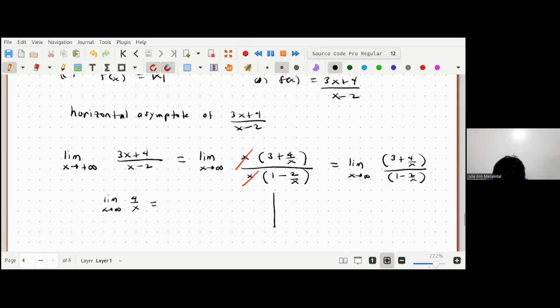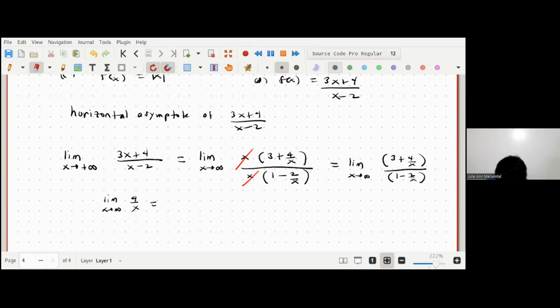So, ano yung itsura ng graph niyan? Diba? Pag ganon. So, what's the limit as x approaches infinity of 4 over x? So, what does this tend to as x goes to infinity? So, 4 divided by a number, and then see what happens.